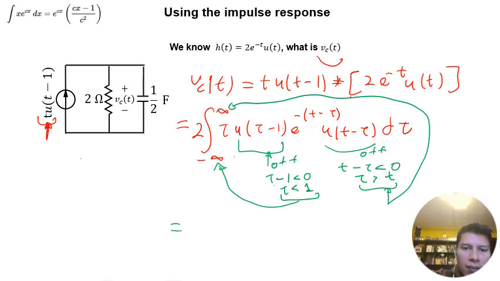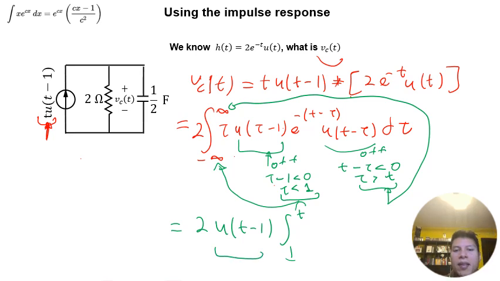So then this becomes 2 u of t minus 1, the integral from 1 to t. And remember that if this upper limit is smaller than this lower limit, then the whole integral should be 0, because it means that the two are never on simultaneously, and so that's why we multiply by this unit step function, shifted by 1.